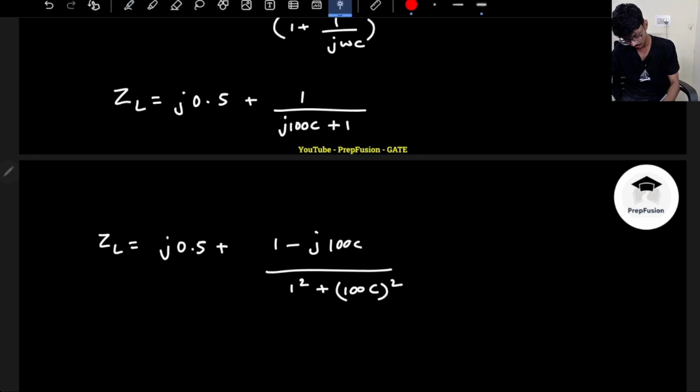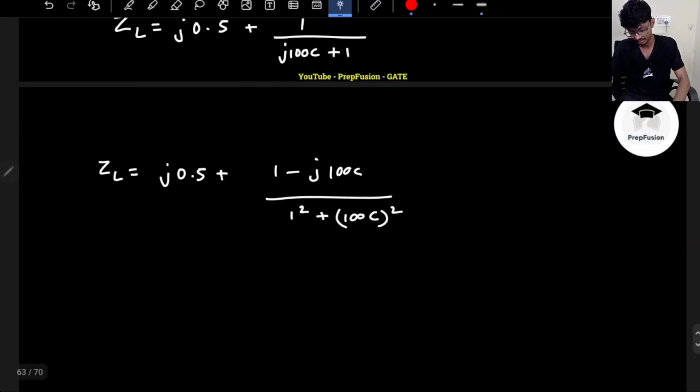The reason is that I have to make this one negative so that I can cancel out. That's why I need a negative sign with the 100 C. That was the main purpose of getting a negative sign here.